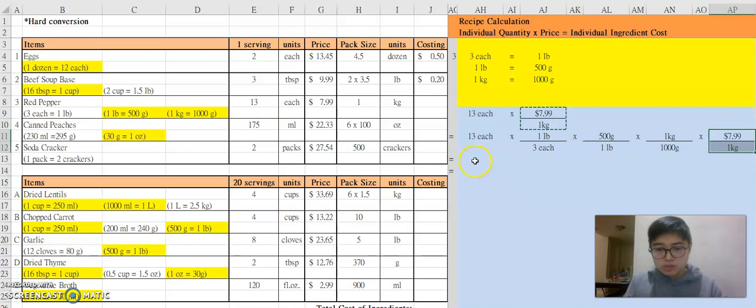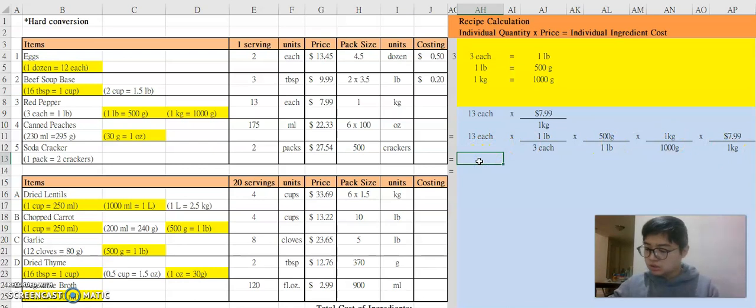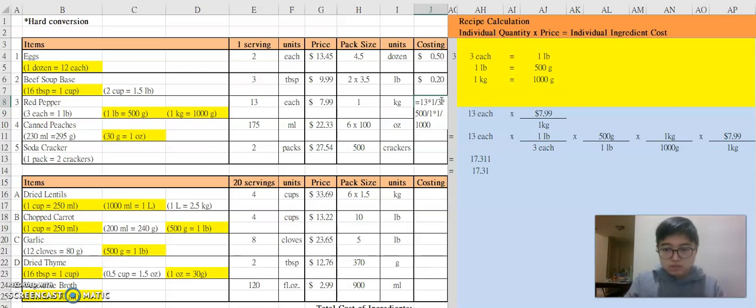So this is the equation. Cross out each, pound, gram, kilogram, and the answer is 17.311, and to 2 decimal places is 17.31. The equation is 13 times 1 divided by 3 times 500 divided by 1 times 1 divided by 1000 times 7.99 divided by 1.